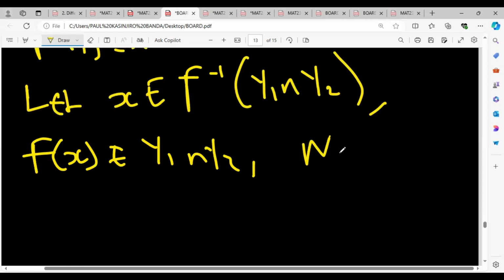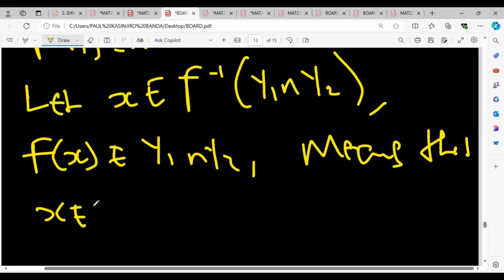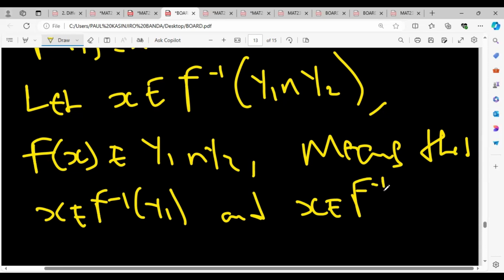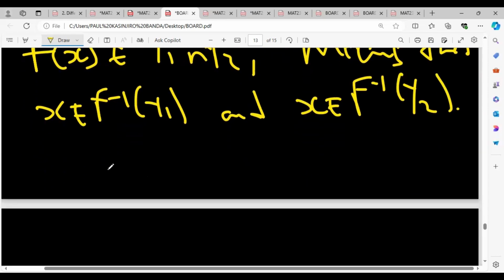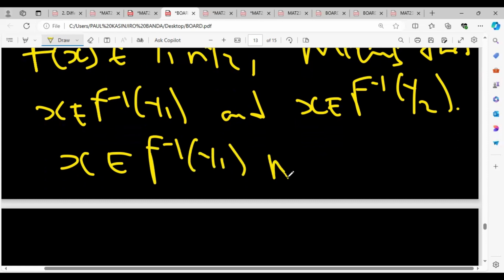So this means that x is a member of f inverse of Y1, and x is a member of f inverse of Y2. From there, we can turn this into one thing: it will just be f inverse of Y1 intersection f inverse of Y2.